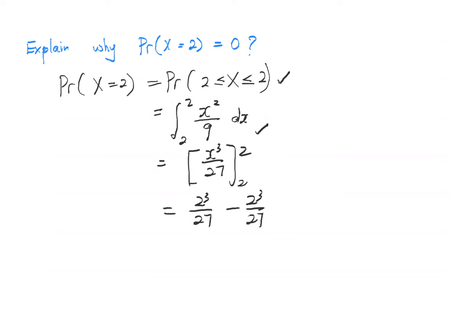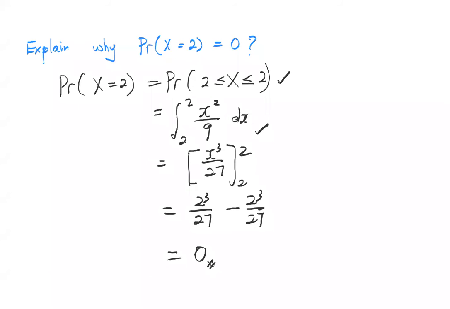What do you get? That means for any continuous random variable, the chance of a particular value to happen is equal to 0, it is impossible. If they ask you to explain why, you explain like that.